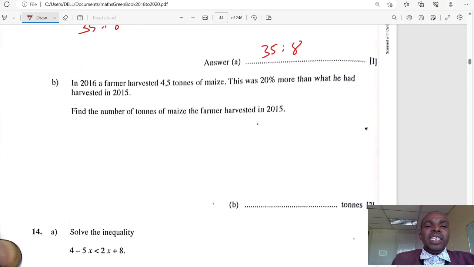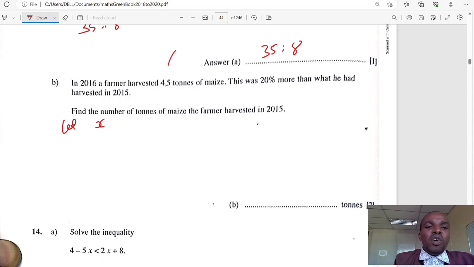Then next, in 2016, a farmer harvested 4.5 tons of maize. This was 20% more than what he had harvested in 2015. Find the number of tons of maize the farmer harvested in 2015. Right, so the tons in 2015 are not known. So you can say, let the tons of maize be x.